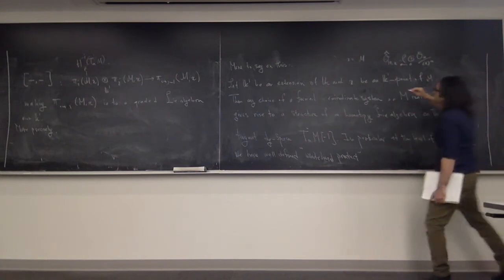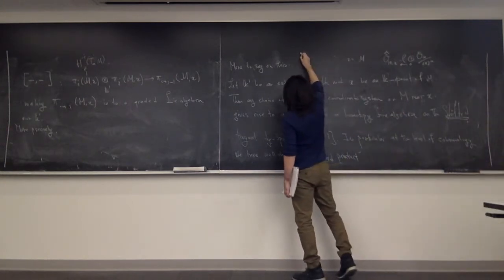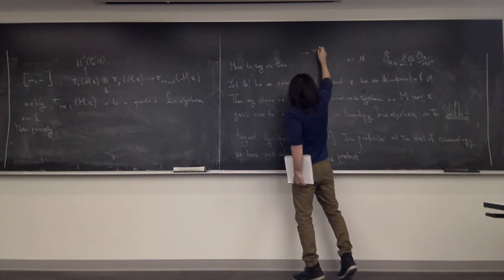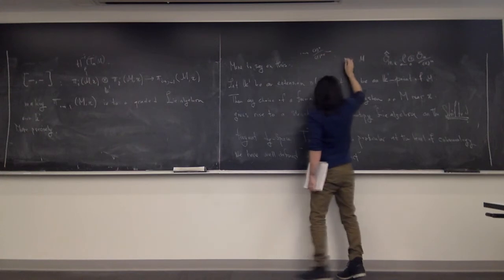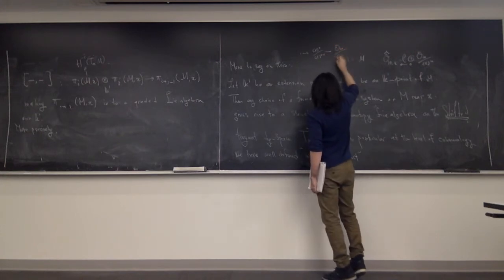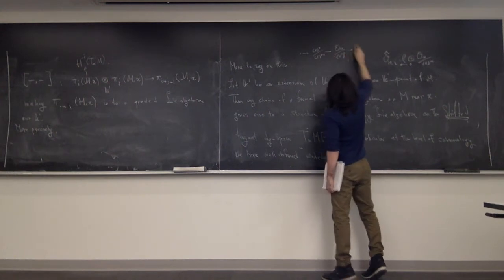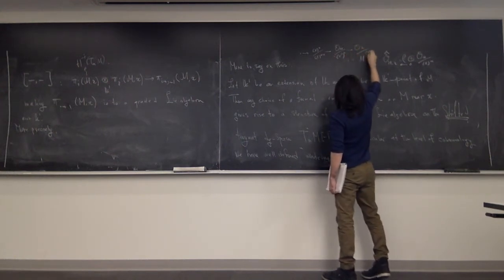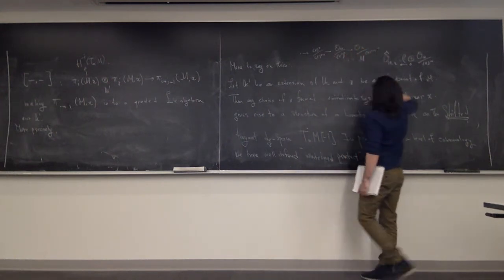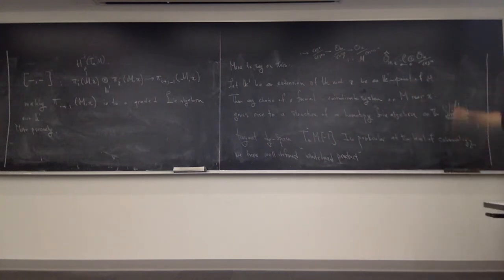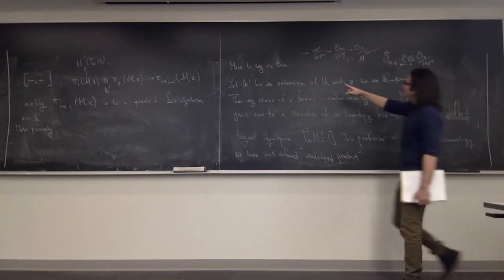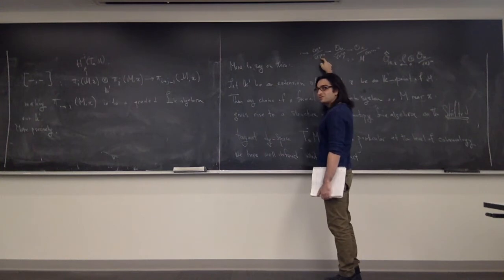So well, you always have this exact sequence. Somehow from here, and this thing is the conormal sheaf. This is the cotangent space.